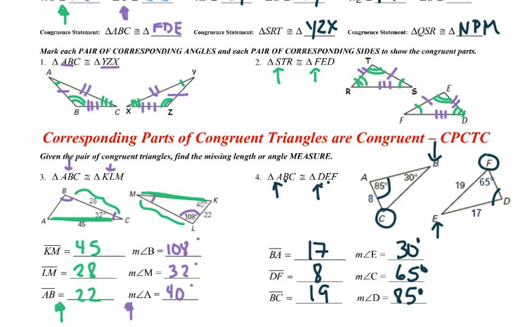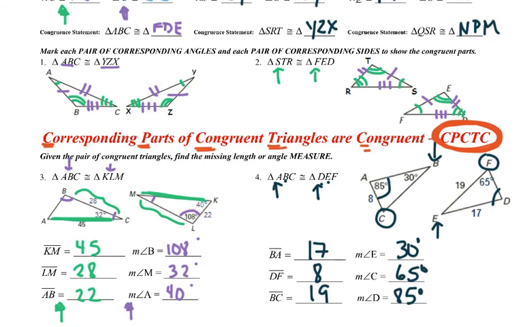I want to point out this phrase here, corresponding parts of congruent triangles are congruent, or we call it CPCTC. That's going to become bigger later in the chapter, but we're introducing it now. What that says is the parts that match up are equal.